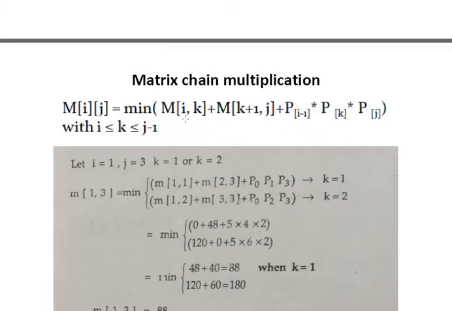So in the m of 1, 3 we can check that 1, 3, it means I equal to 1, j equal to 3. Now you have put the assume of k. So where is the value of k? You have checked that this condition.